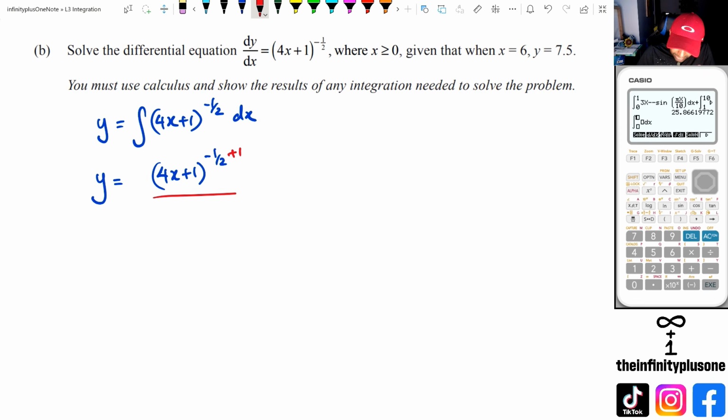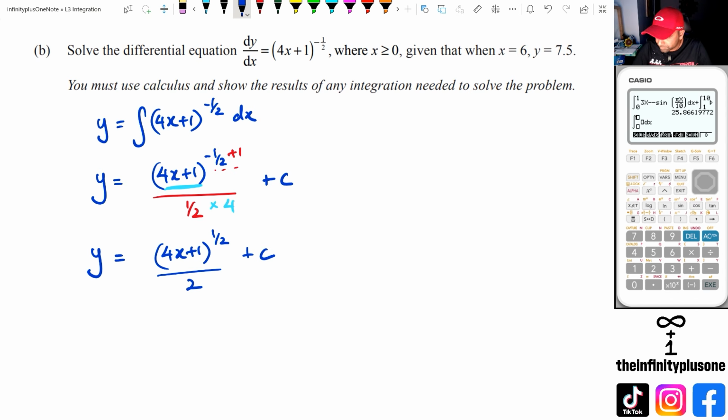One more thing we need to remember is to multiply by the differentiation of this bracket, which happens to be 4, and don't forget the plus c. So we've got y equals (4x+1)^(1/2) divided by 2, plus c.